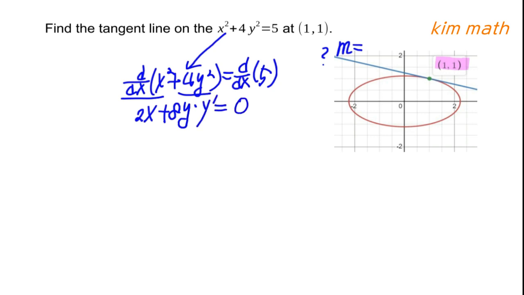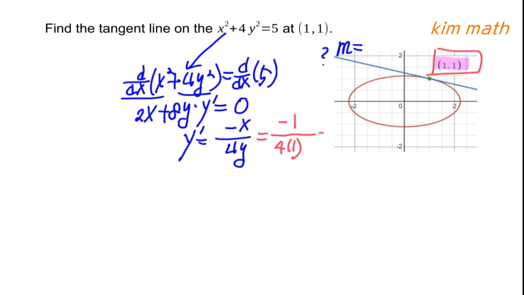And this is 0. So y prime will be negative x over 4y. Is it good? Okay, now you have the point (1, 1), so for the slope of the tangent line that passes through that point, you can plug in 1 here, 1 here, or more simply negative 1/4.